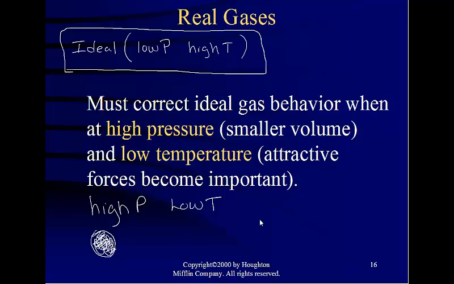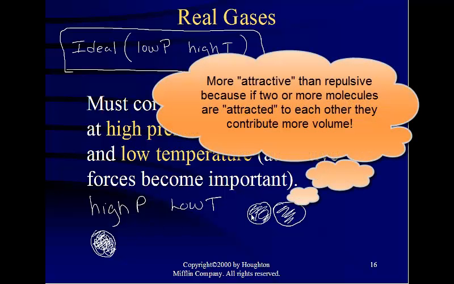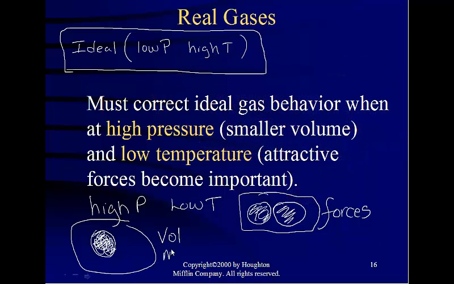At low temperatures, the particles are moving slow enough that they might actually be attracted to each other or repulsed. So now you're dealing with forces, and you're dealing with the volume of the molecules themselves. So real gases at high pressure and low temperature have to have a correction factor.